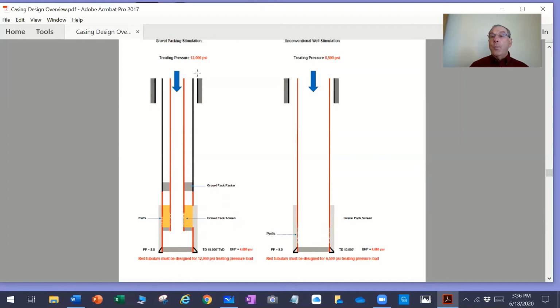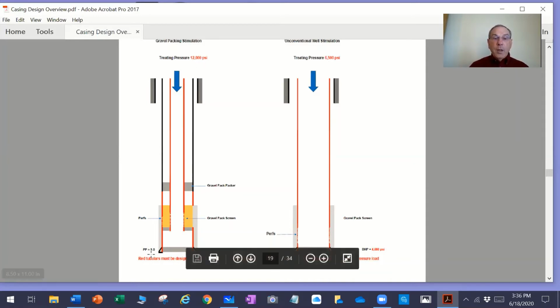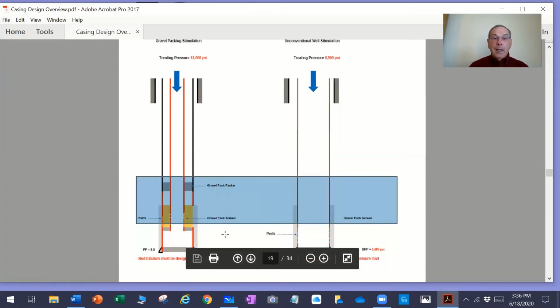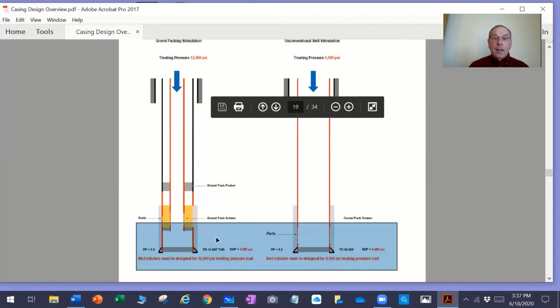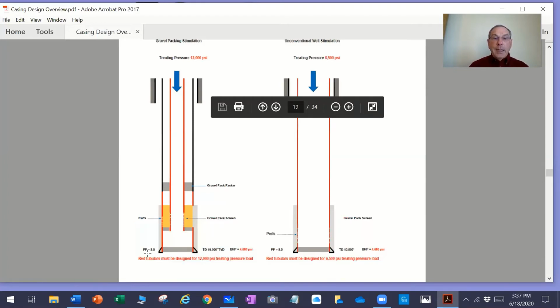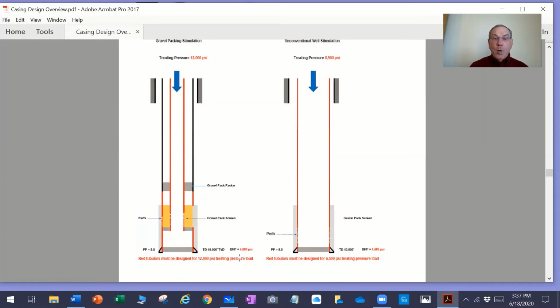So if I'm going to be pumping at 12,000 psi, maybe at 11 barrels per minute, on this particular well that I drew up, it's at 10,000 feet, and it has a 9 pound per gallon pore pressure, which is only a bottom hole pressure of a little bit over 4,600 psi.